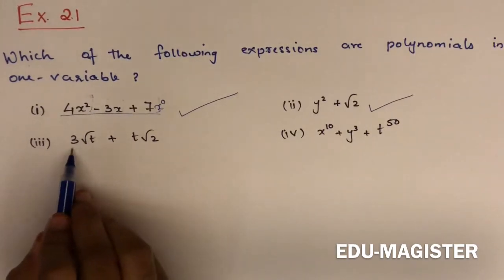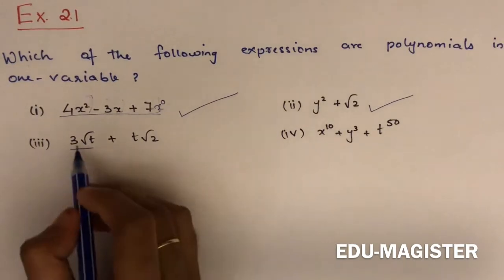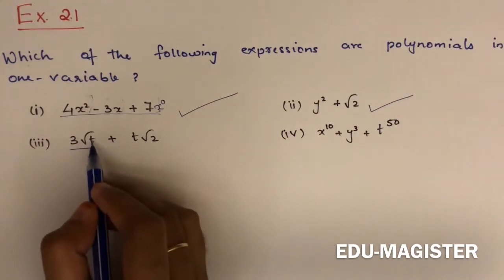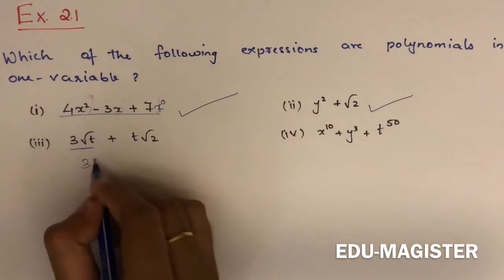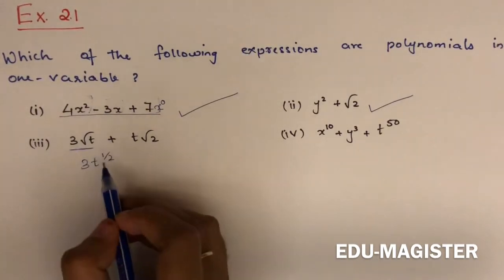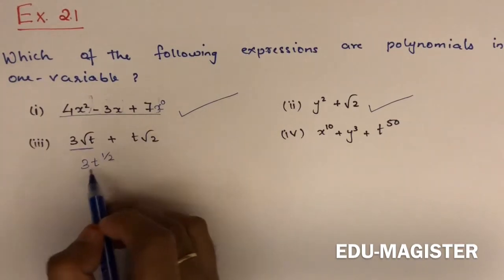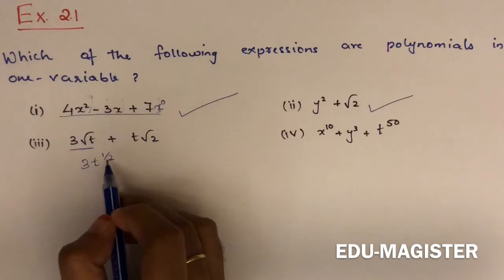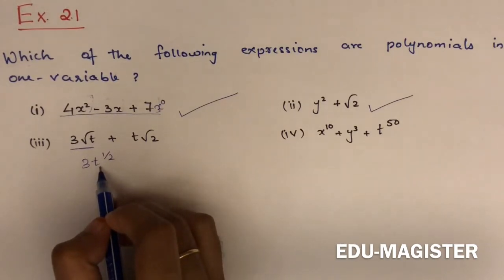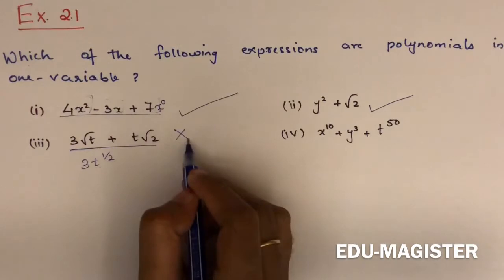In the first term, 3 root t, the power of the variable t is half, because a square root can be written as raised to half. So this is 3 into t raised to half. Here the power of the variable t is not a whole number. Hence this expression is not a polynomial.